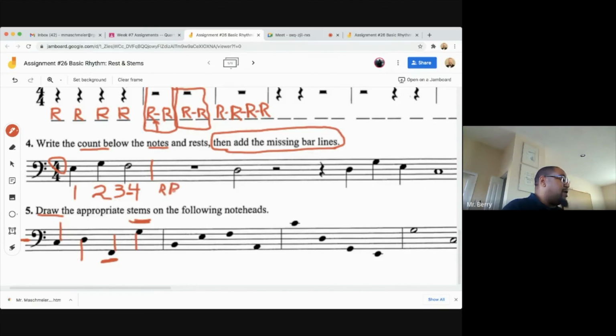But instead of putting numbers, we put R's, and we put dashes between the R's to represent that rest carrying over from the first beat all the way to the 4th beat. The 4th R indicates the end of that measure, so we're going to add a bar line right after that.